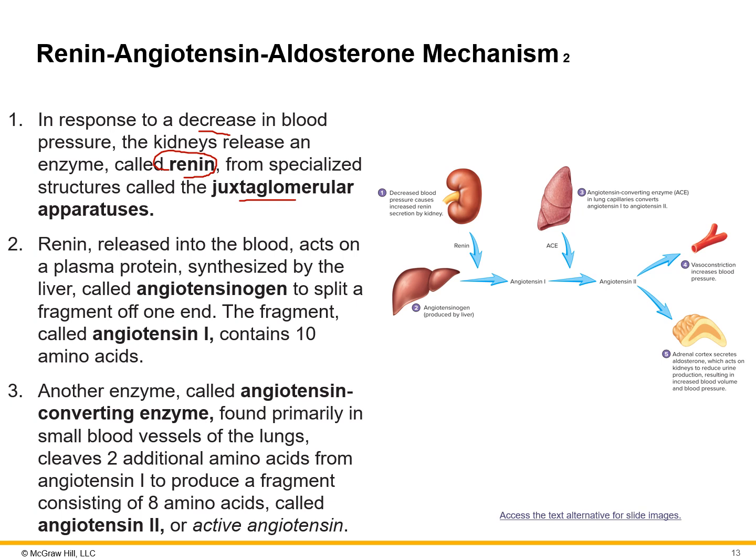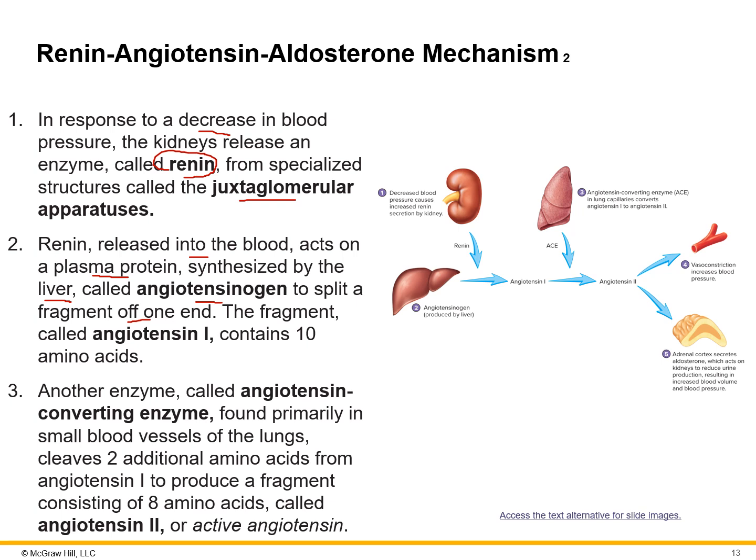Now, what does renin do? Whenever it's released into the blood, it acts on a plasma protein made in the liver, a protein synthesized by the liver called angiotensinogen, and it's split into fragments off one of the ends.